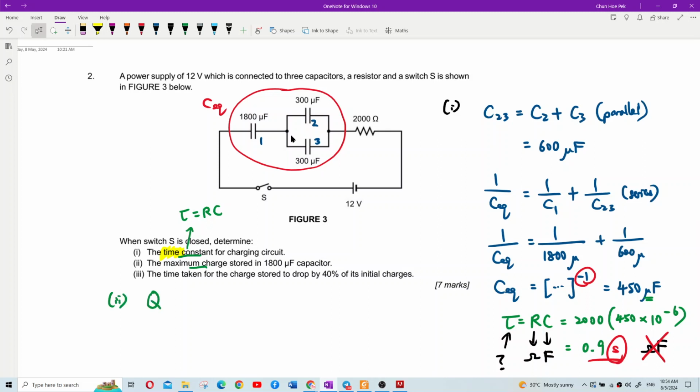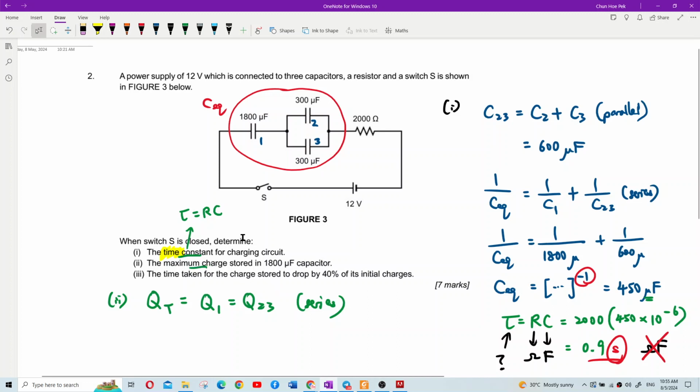Because series, Q total is equal to Q1 equal to Q23. When series, they have all the same charge. Understand? So you must find the charge you want.